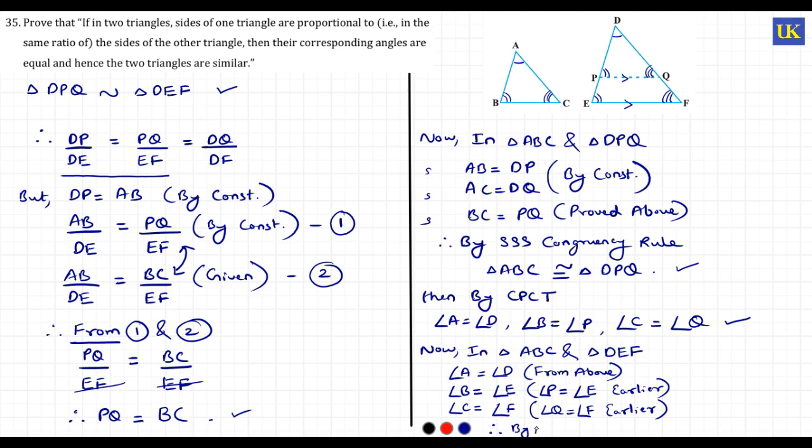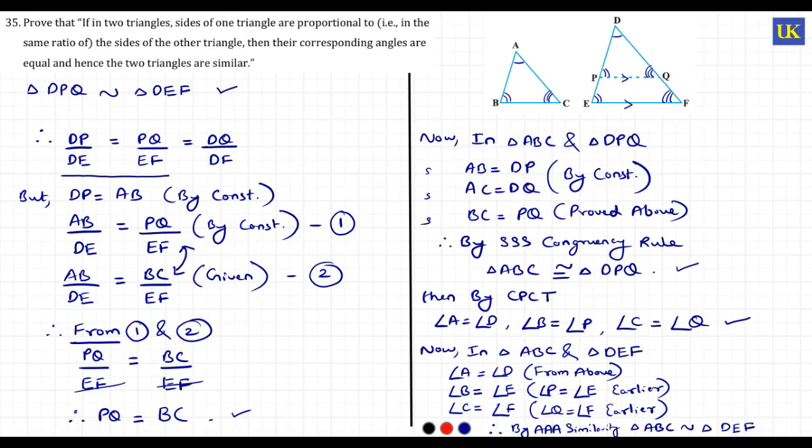So finally we can say that by angle criteria, one angle is sufficient, but we have proved all three angles. So by the angle similarity criteria, we can say that triangle ABC is similar to triangle DEF.